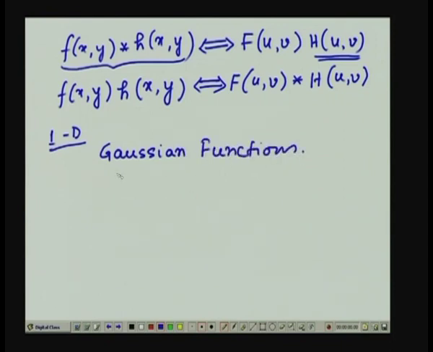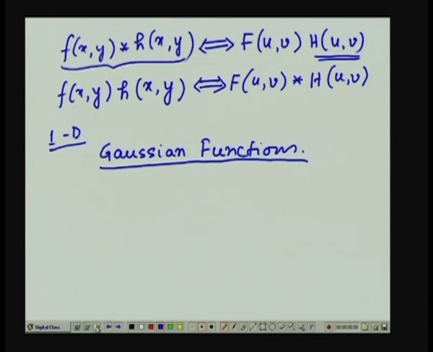The reason we are choosing these filters based on the Gaussian function is that the shapes of such functions can be easily specified and easily analyzed. Not only that, the forward Fourier transformation and the inverse Fourier transformation of Gaussian functions are also Gaussian.